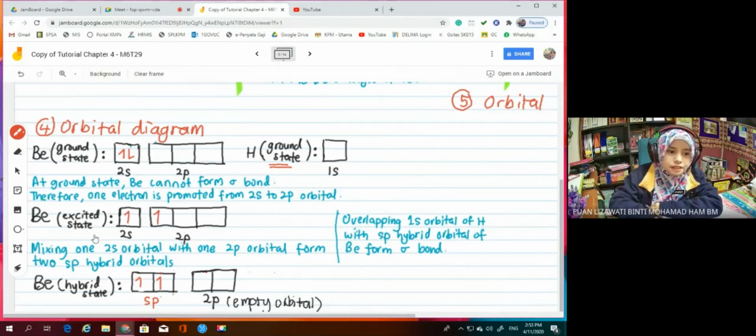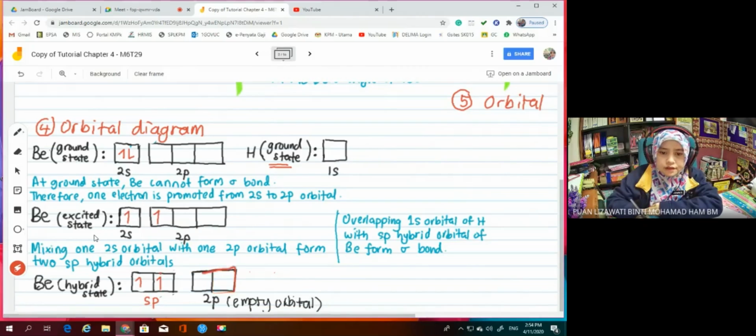You can write the explanation like this: mixing one 2s orbital with one 2p orbital forms two sp hybrid orbitals, and then there are two remaining empty 2p orbitals. Even though they are empty, you still have to draw them in the orbital diagram for the hybrid state.